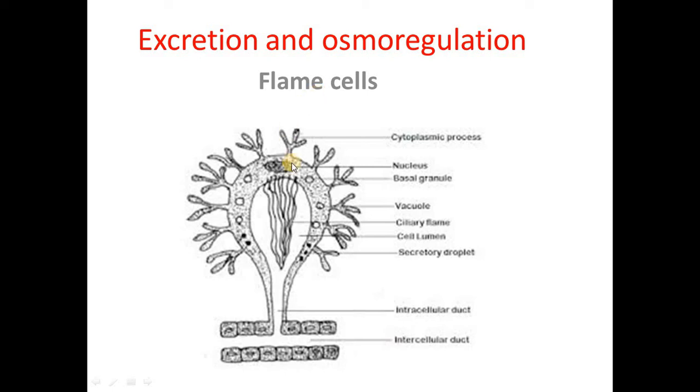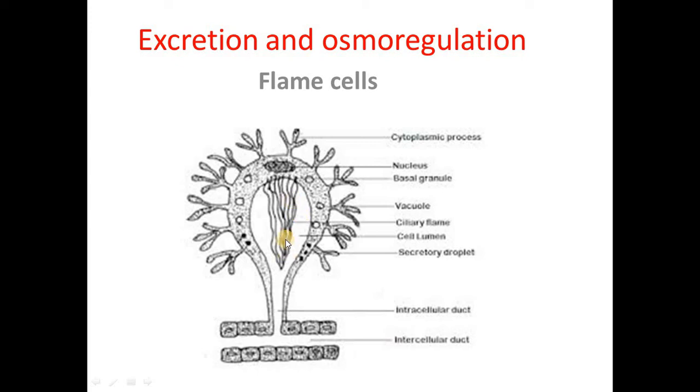As shown in the figure is the flame cell. These are usually of irregular shape which send out pseudopodial processes into the surrounding tissues. These are the pseudopodial processes. Each flame cell has an intracellular lumen. This is the intracellular lumen or cavity which has a few long cilia.